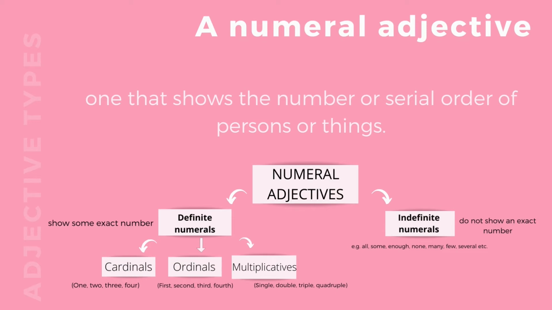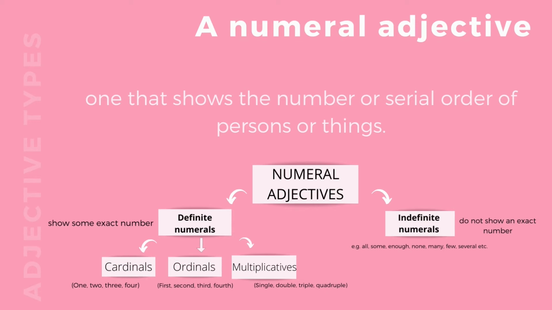And then we have multiplicatives, that is single, double, triple, quadruple, and so forth. In contrast, indefinite numerals do not show an exact number. For example, all, some, enough, none, many, few, etc.